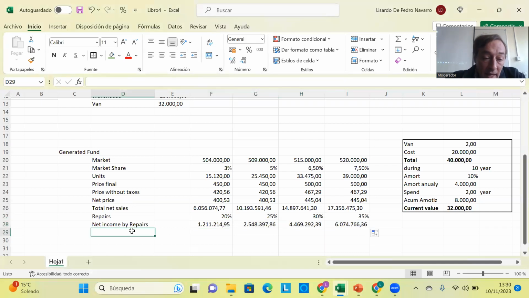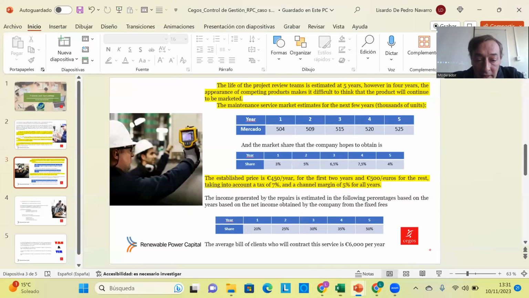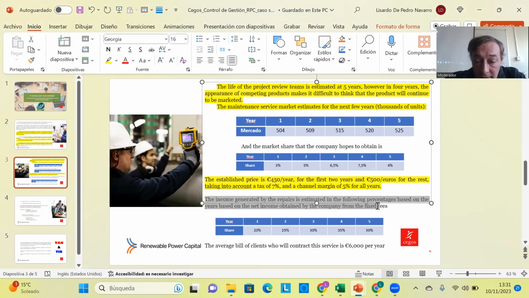And finally, we have a discount that we are making in the bills of the clients. The case says that the average bill of each client is going to be 6,000 euros.